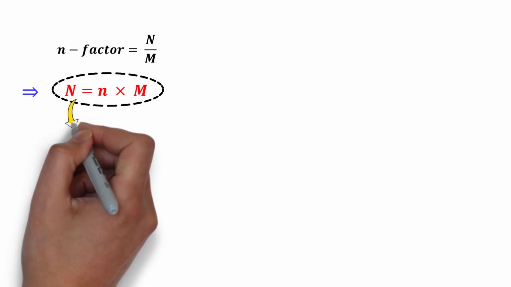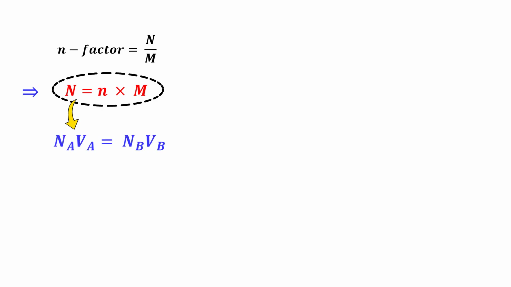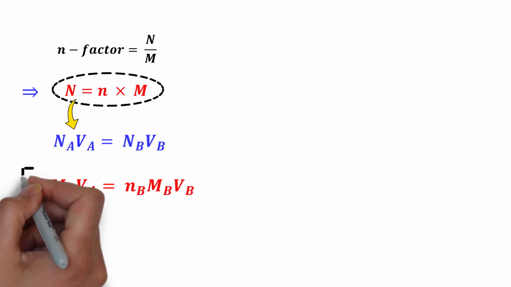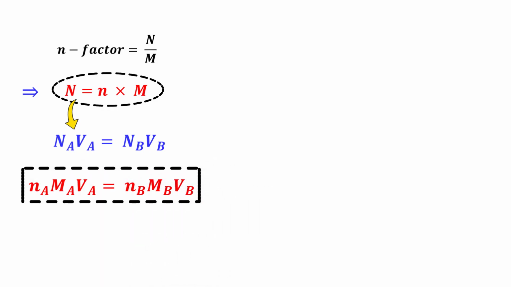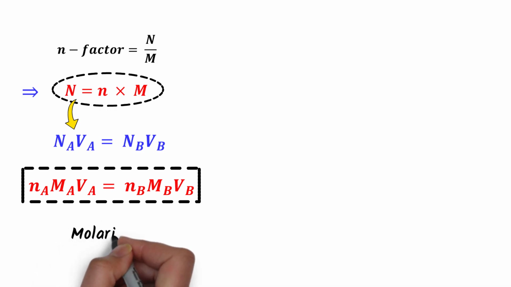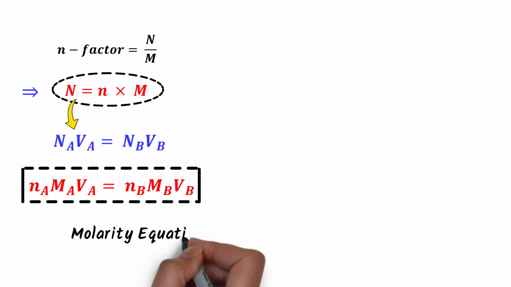Using this relation in the normality equation, we get nA MA VA equal to nB MB VB, where nA and nB are not the moles, but they are the n factor values for the corresponding reactants A and B respectively. This expression is known as the molarity equation.